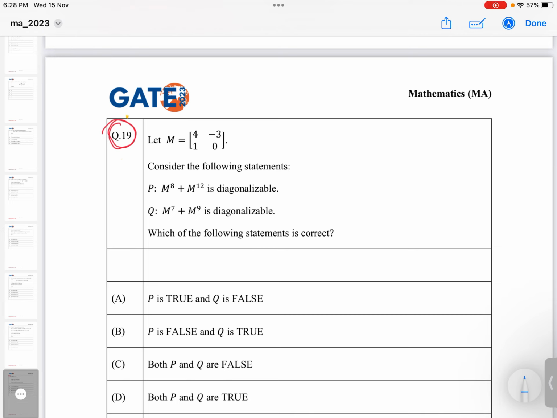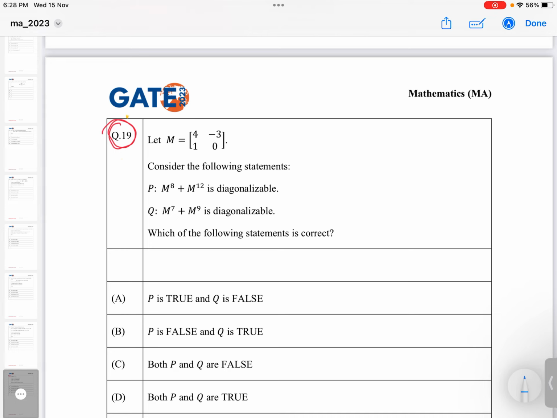In the question, matrix M is given, and consider the following statements. Statement P is that M to the power 8 plus M to the power 12 is diagonalizable, and Q is M to the power 7 plus M to the power 9 is diagonalizable. So which of the following statements is correct?